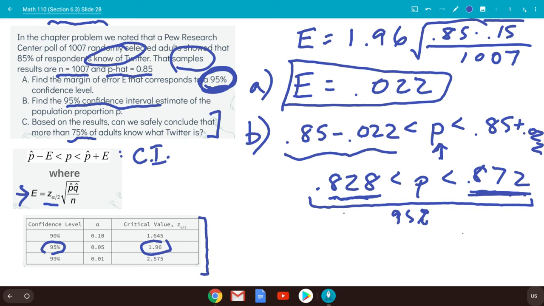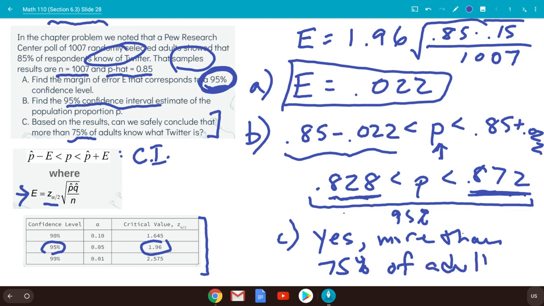And so if 82% is going to be known, then 75% is included in that. So the conclusion is that yes, more than 75% of adults know what Twitter is.